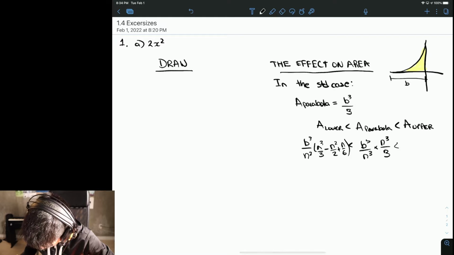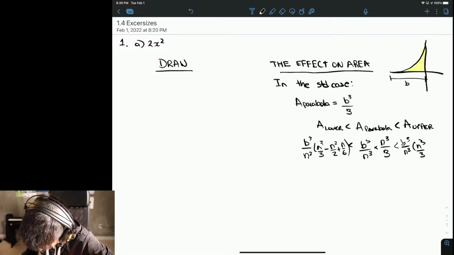And likewise, this is b cubed over n cubed multiplied by nearly the same as the lower limit, except it's a positive term, n squared over 2 plus n over 6.